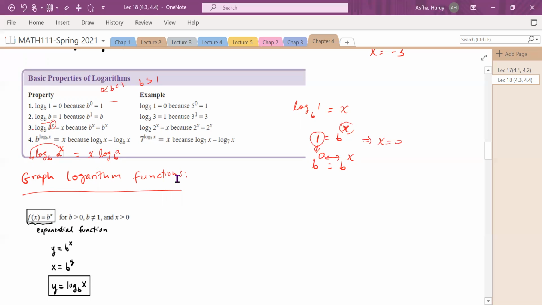And another property is b to the power of the logarithm of x to the base b. Now if this b and this b are the same, we have exponential form b to the power of the whole thing, with the logarithmic form as an exponent. Then this is always x, which is this number.